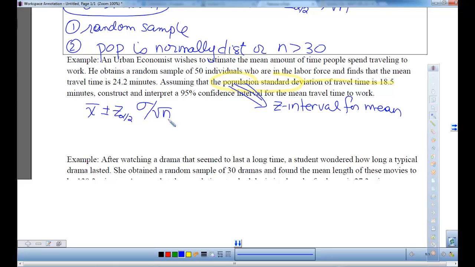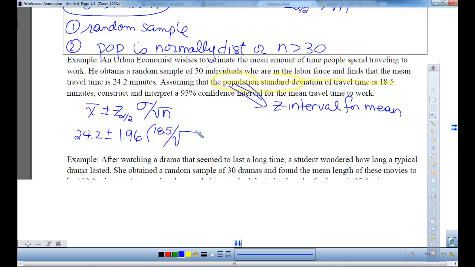X bar in this particular problem is what? 24.2. Plus or minus, we've got a 95% confidence interval. What's the z value for that? 1.96. Very good. And our standard deviation, they told us, was 18.5.